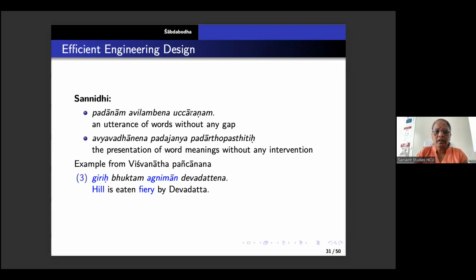So this is a kind of constraint which the author wants to impose on understanding the sentence. When you have a verse and you want to understand it, you try to see that the words that are related are close to each other, with no intervention of words which are not related. So this is one condition which he has imposed, and that condition may be sannidhi, which means proximity. So there is a problem of the proximity condition here.